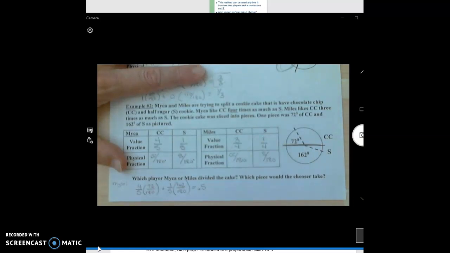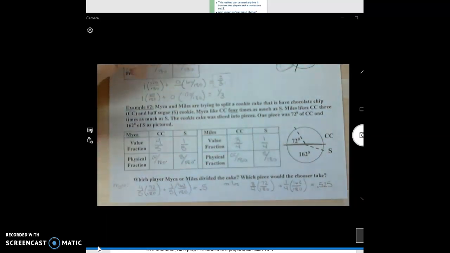And then Miles would do 3/4 times 72 out of 180 plus 1/4, and then that would be 162 out of 180, and that turned out to be 0.525.